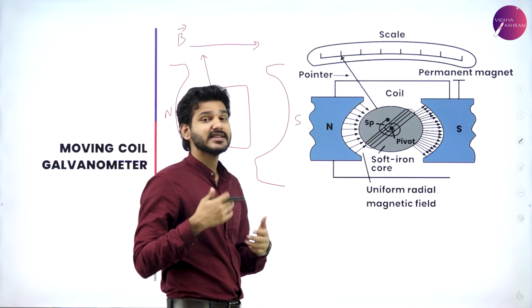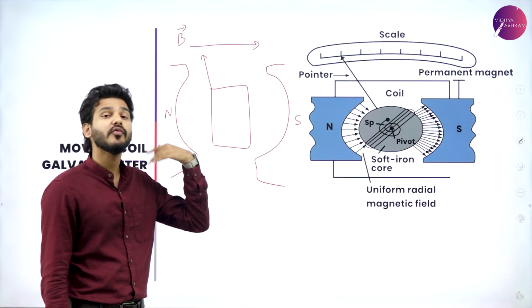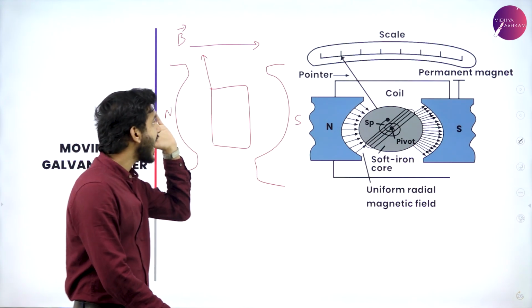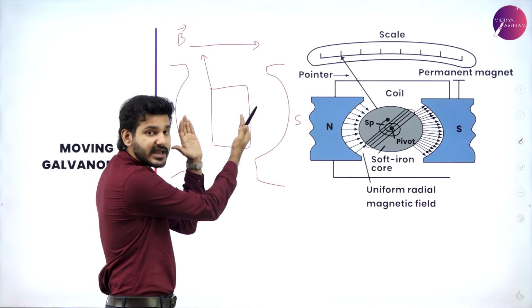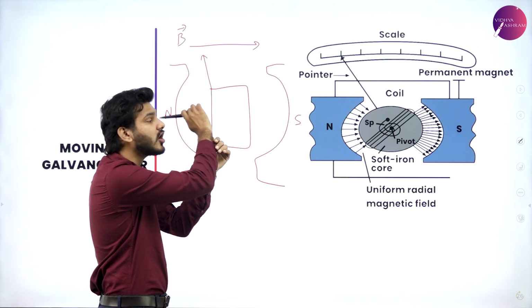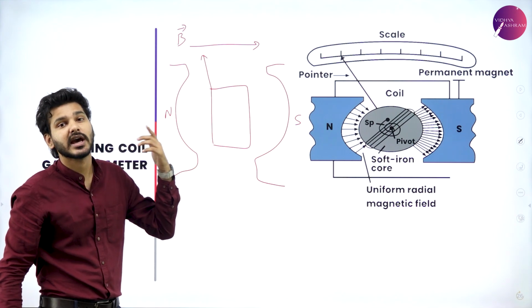Now, that is the basic principle behind this. Since we want to detect the current flow over and over again and not just use it one time, the problem here is that as soon as it gets the current flow, this particular current carrying coil will rotate and the needle will start its deflection, or it will move along with the rotation of the particular current carrying coil.